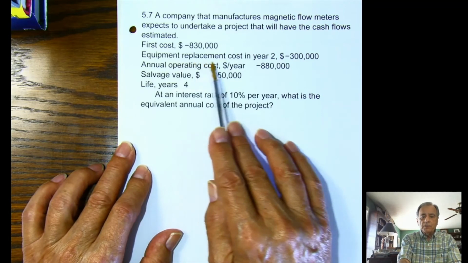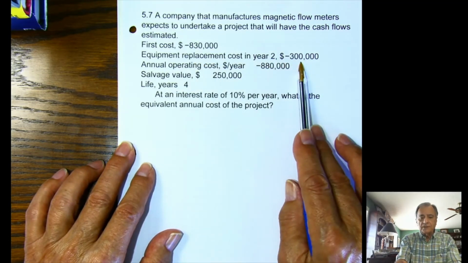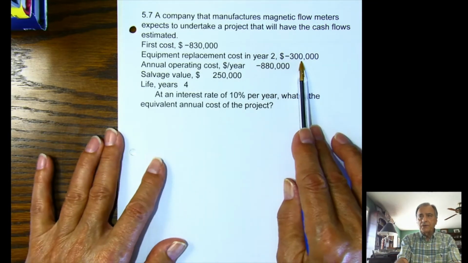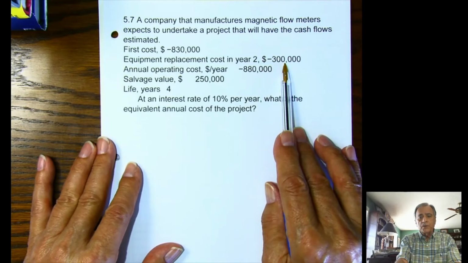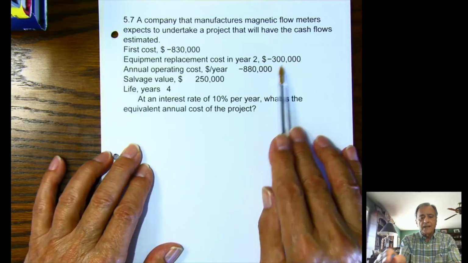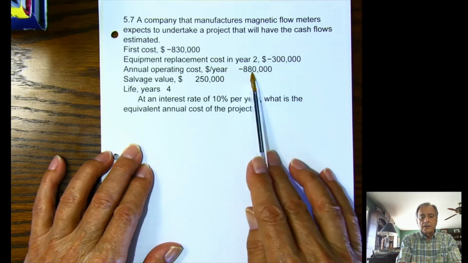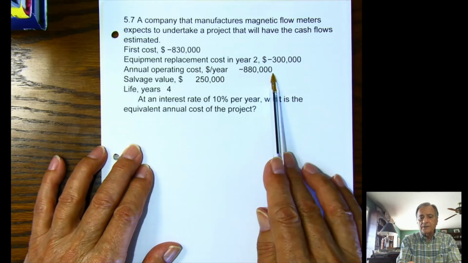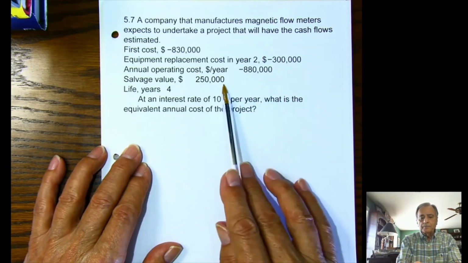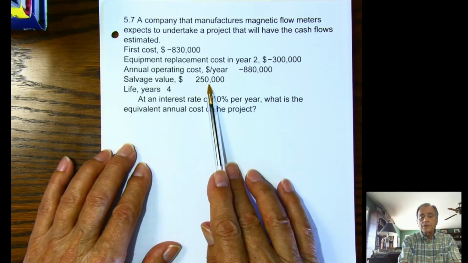The equipment replacement cost in year 2 is $300,000, so they're either going to have to replace some or all of this system for another $300,000 at the end of year 2. The annual operating cost for the entire time is $880,000 per year. And finally, the salvage value is plus $250,000.